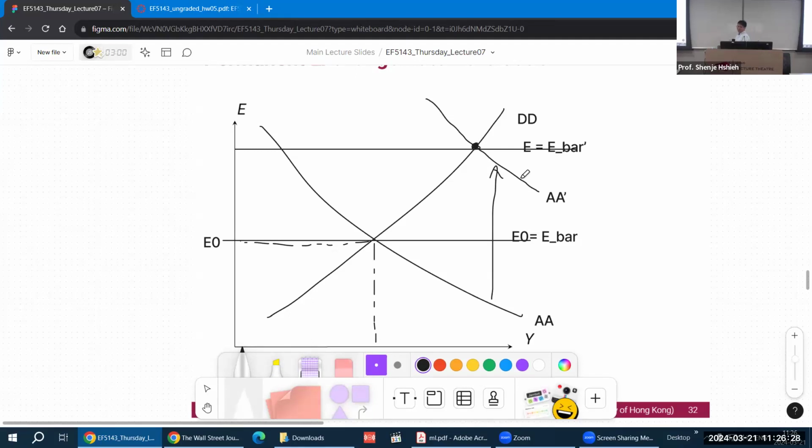Right, it looks like monetary policy. But the difference here is that when we transition from short run to long run, we still have to maintain E bar. So there's no overshooting here. If we recall from flexible exchange rates, as prices change, DD will of course shift to the right.